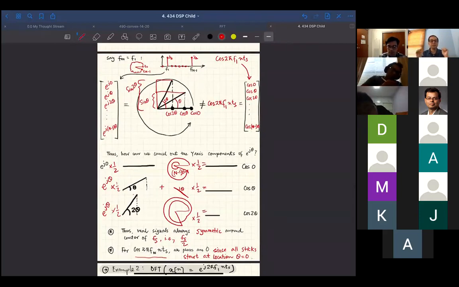Right? The only reason you need multiple frequencies is because you need to cancel out the complex part, because each rotation is a complex vector, and cos 2 pi f1 nTs is a real signal, and real means the x-axis shadow. And because these rotations are complex vectors, we need to eliminate those complex parts.